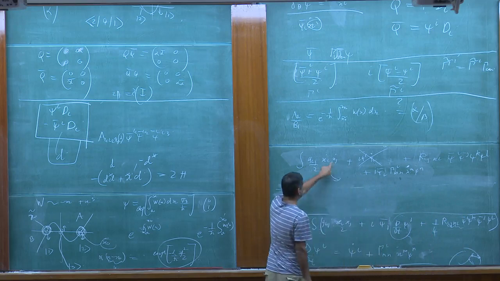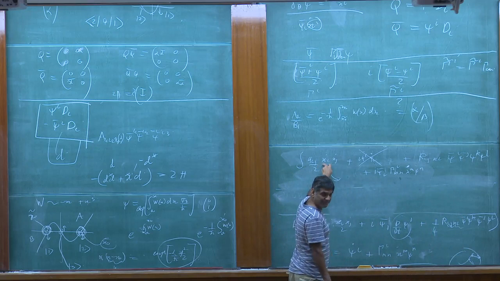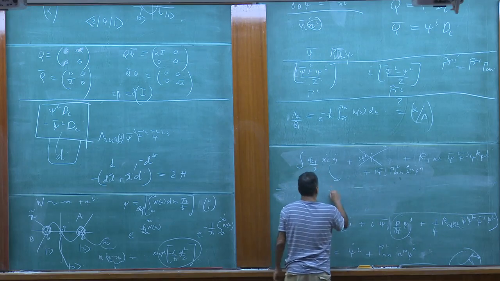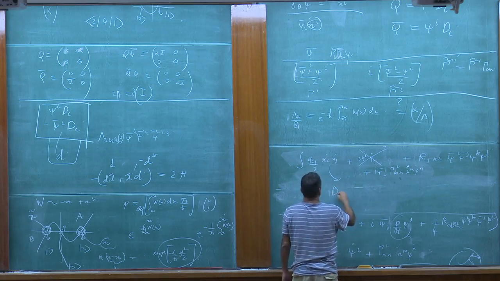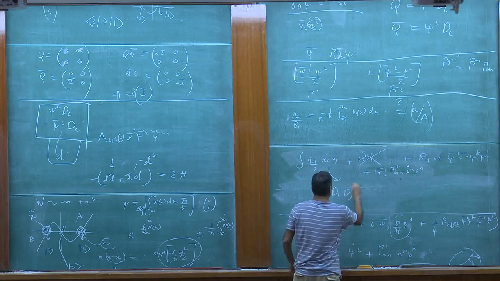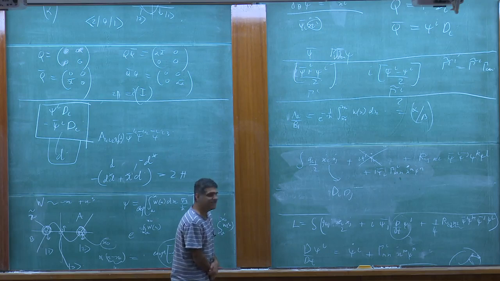So the Hamiltonian will come entirely from this term, but we know that from the canonical structure this is a delta_ij.